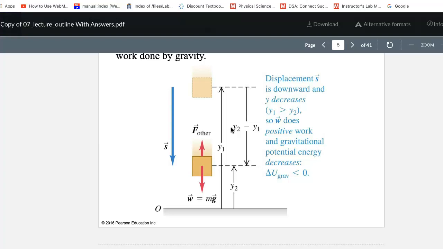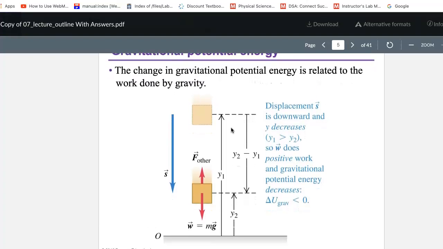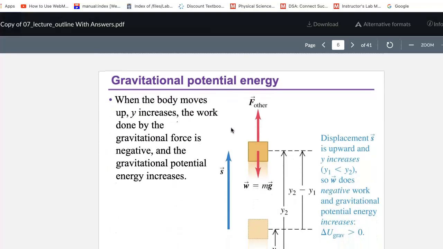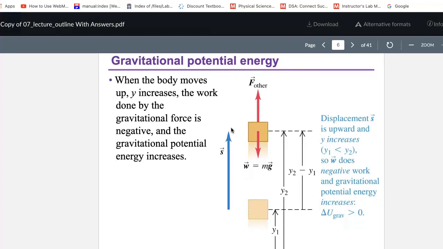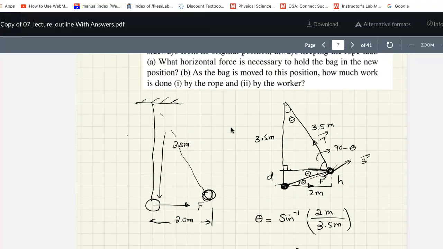Because the weight is downward and s is downward, but delta U is going to be less than 0. This is how they are related. Now, when the object is moving upward, y increases, and the work done by the gravitational force is negative because the weight is downward and the displacement is upward, and the gravitational potential energy increases. So they always have opposite signs.